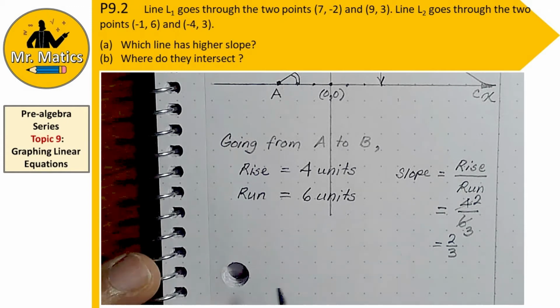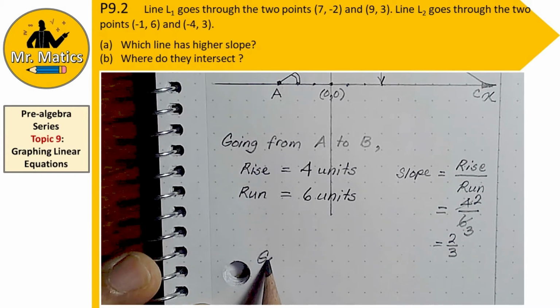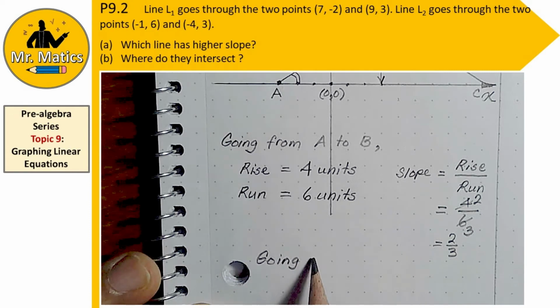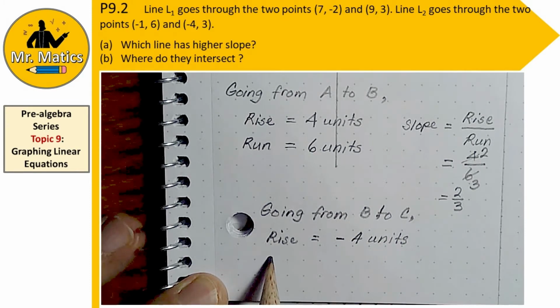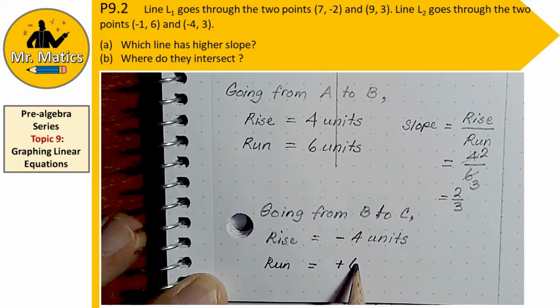Okay, so you can take it either way. Going from B to C, rise equals negative 4 units, and run equals positive 6 units.